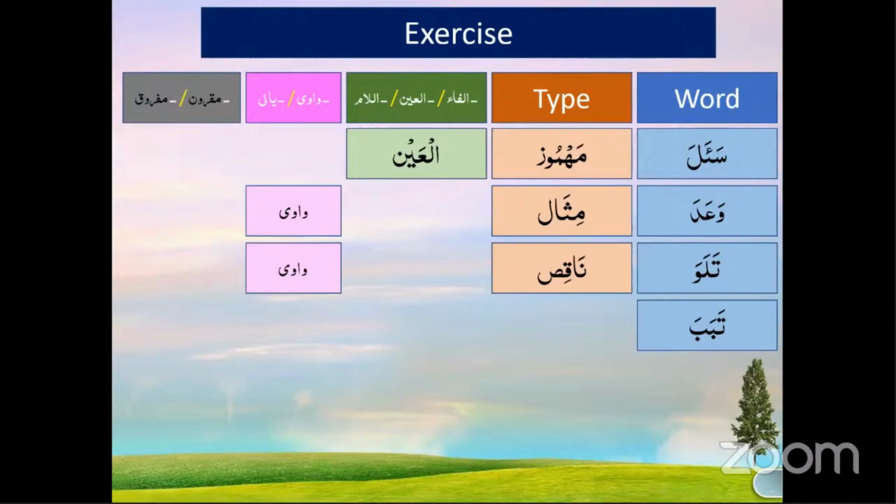Muda'af, yeah, sorry. Right. And what is the position of ba and ba? And what was it? Ain and lam, right?